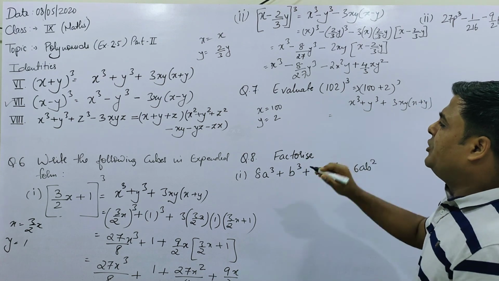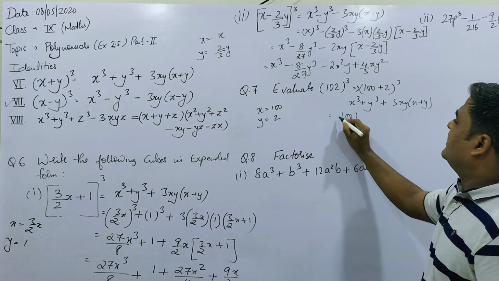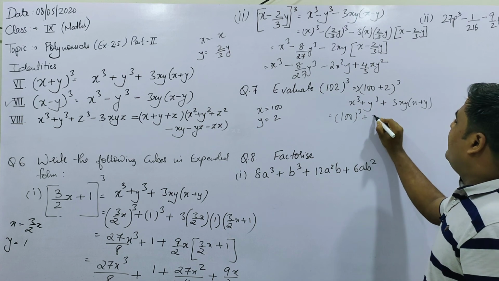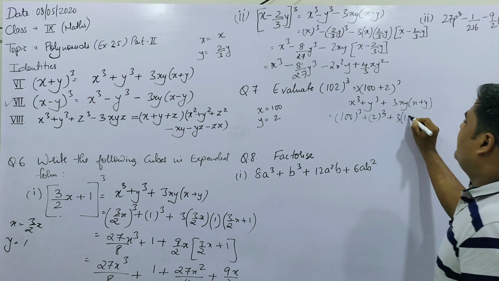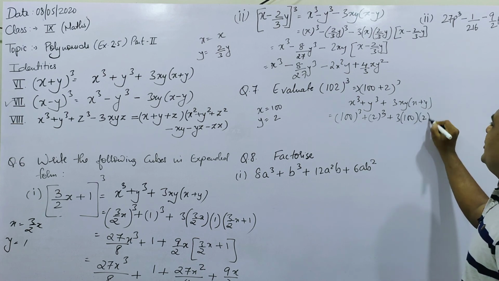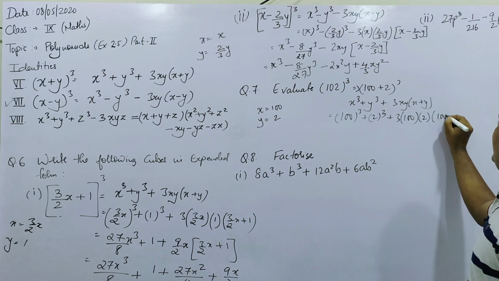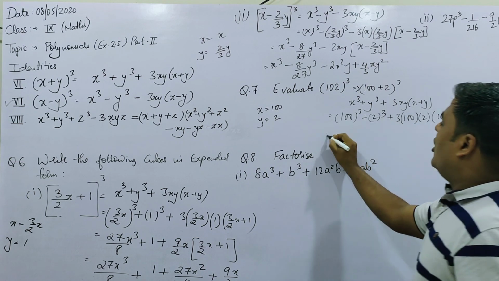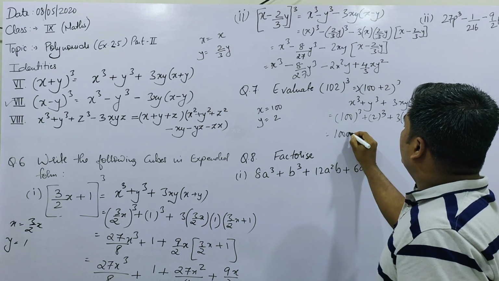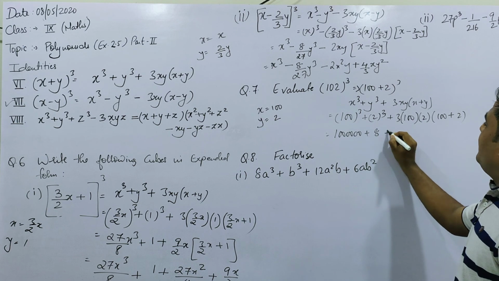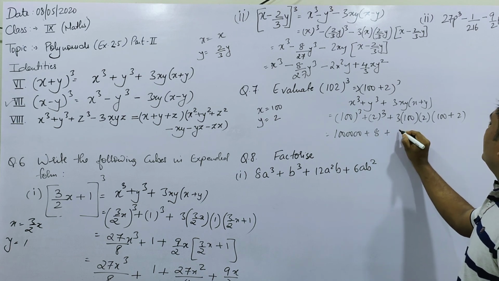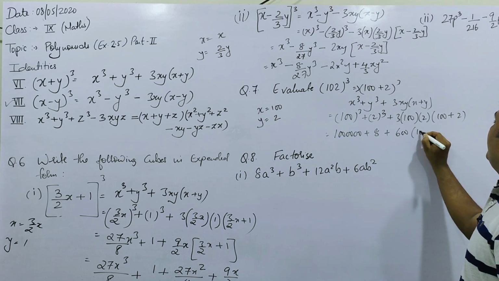So let us substitute the values. The value of x is 100 cubed, plus the value of y is 2 cubed, plus 3 into x, which is 100, into y, which is 2, into x plus y, which is 100 plus 2. Let us solve the brackets. Plus 8 plus 600 into 102.